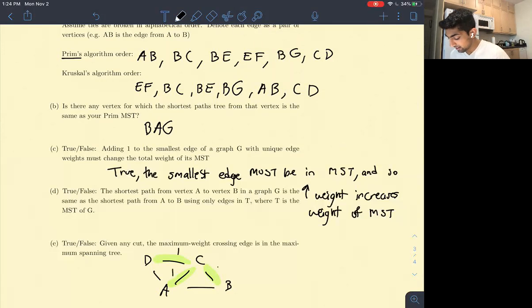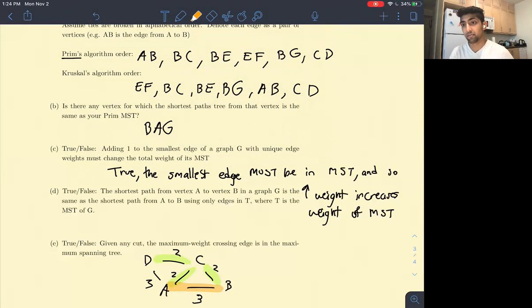Assume that these edges are all 2, and these two are 3. We see that the minimum spanning tree is taking the green edges, but the shortest path between A and B is by using this orange edge. A very common exam question that we like to ask is making these comparisons between MSTs and shortest path trees.